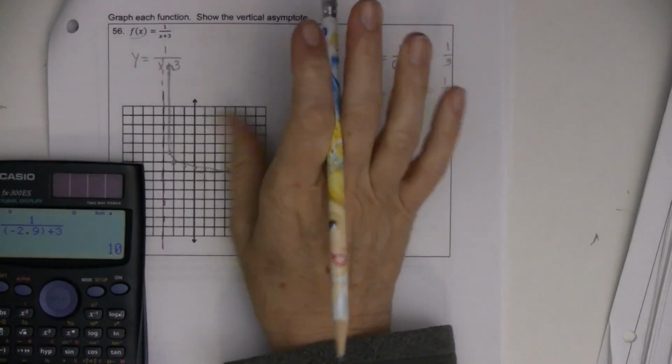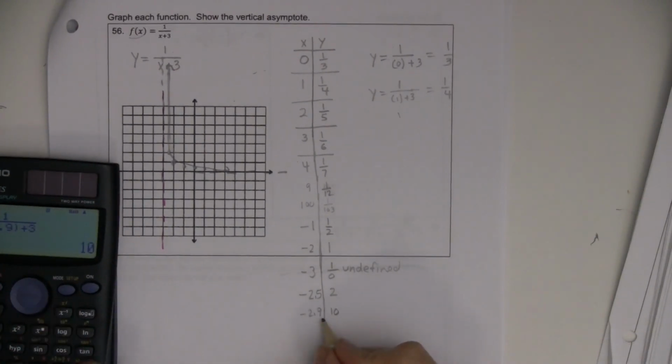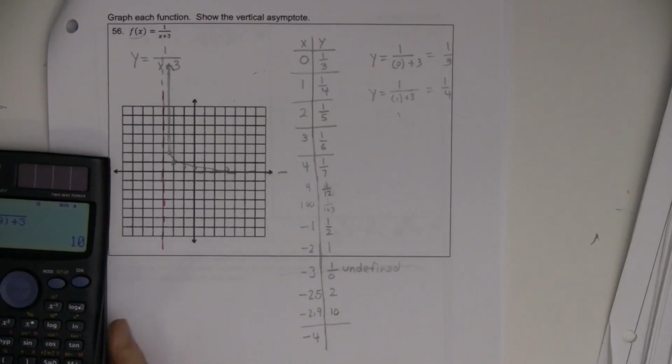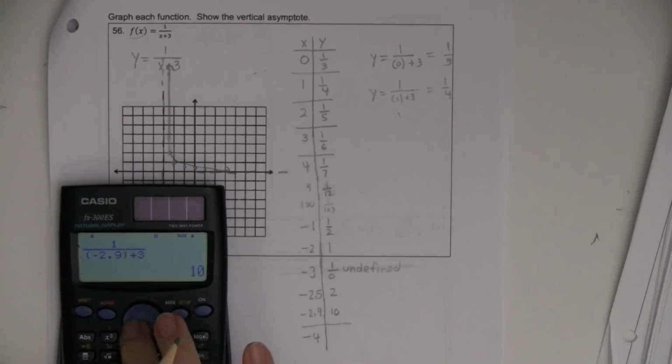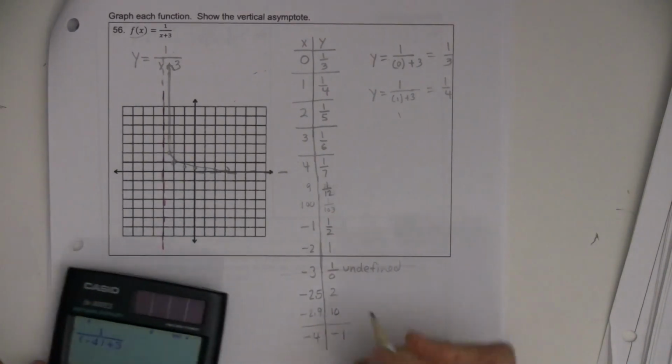This is how a rational expression would look. Now I want to look at the other side. We said it wasn't okay to pick -3, but how about -4? Now that I've got this on my calculator, I'll just put it in the calculator to get my value. So I get -1.